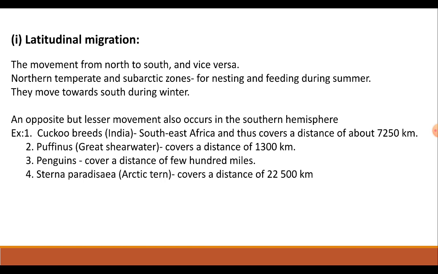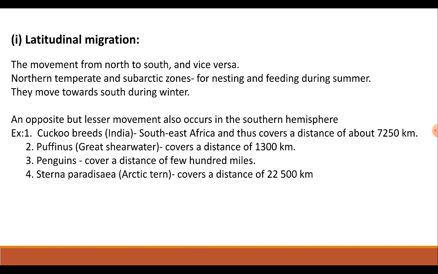And many marine birds also make considerable migration. That is, for example, Puffinus, a great shearwater, which breeds on small islands and migrates as far as towards Greenland in May and returns after a few months, where it covers a distance of 1300 kilometers.